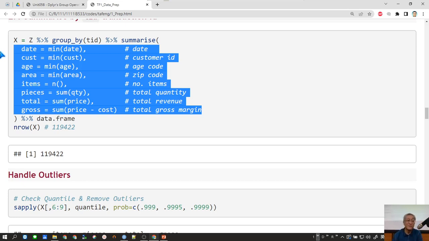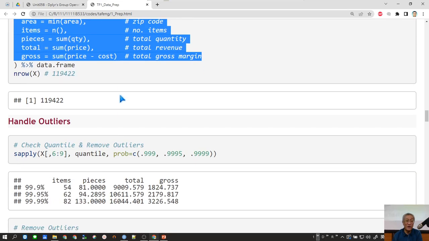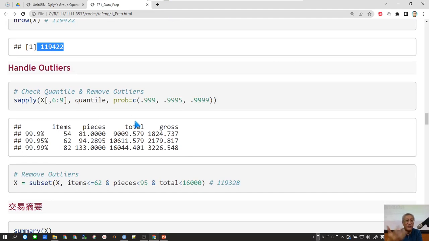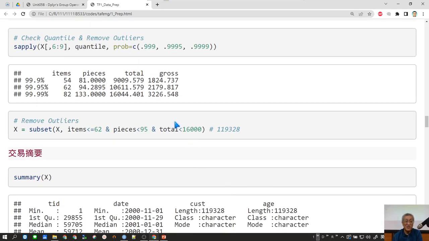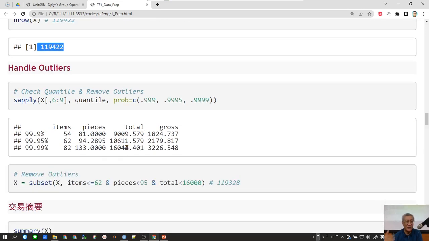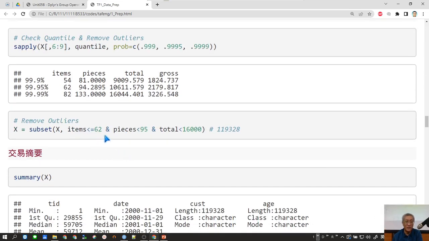And then again, in this transaction table, we also need to handle the outliers. Some transactions might not be reasonable, so we exclude the unreasonable transactions.